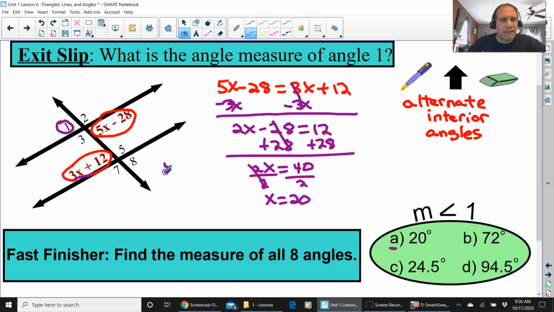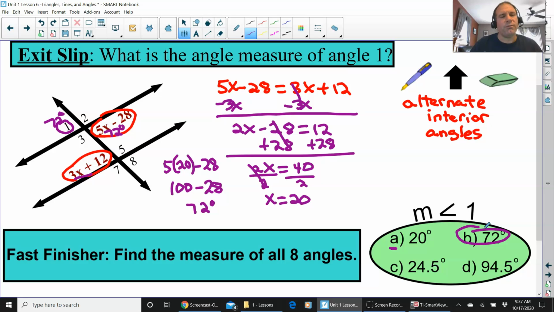So let's substitute in 5 times 20 minus 28. 5 times 20 is 100. Minus 28 is 72. So this angle is 72 degrees. That means this angle is 72 degrees. So B is 72.